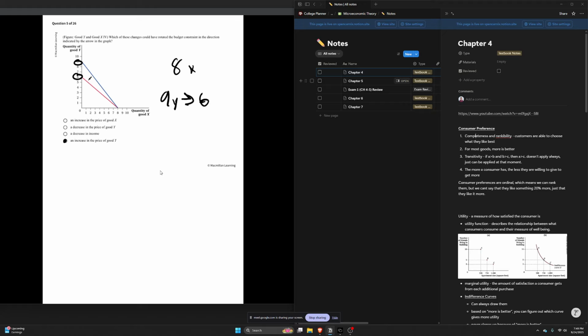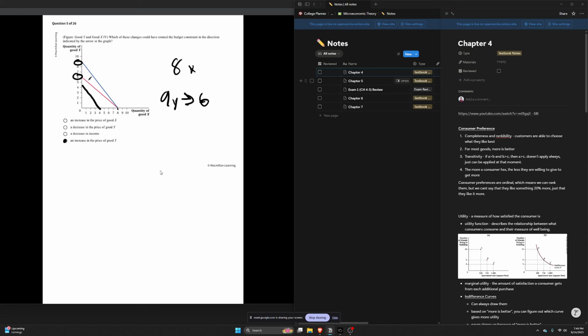We know that because the graph rotated. This didn't change. So if my budget was lower, like if my budget was cut in half or something, then both of these would change, right? So this 9 would go to like a 4.5, and this 8 would go to like a 4. So that would be like a budget change, right?